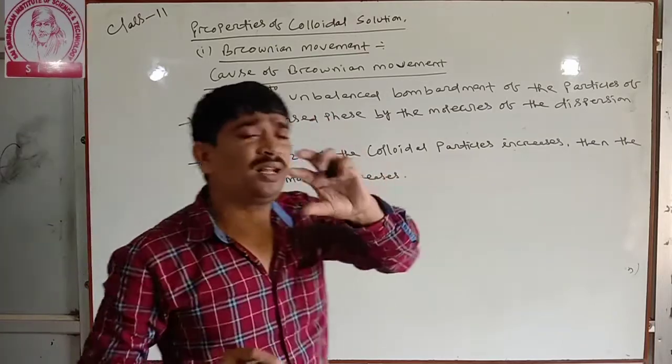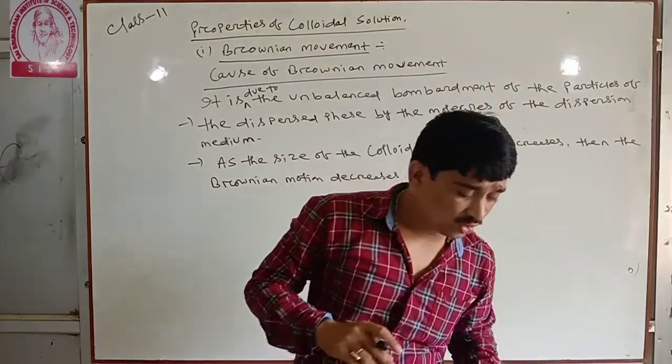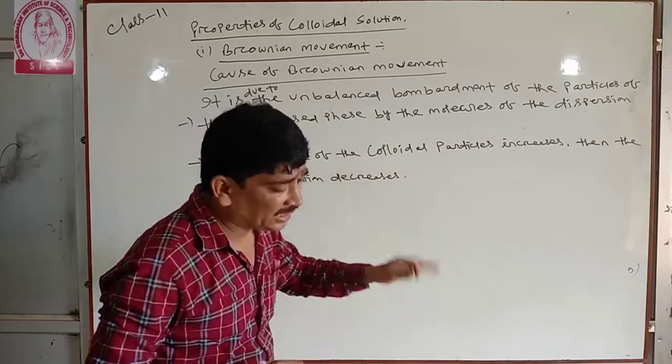If the size of the colloidal particles increases, the Brownian motion decreases. As the size of the colloidal particle increases, then the Brownian motion decreases, and vice versa.